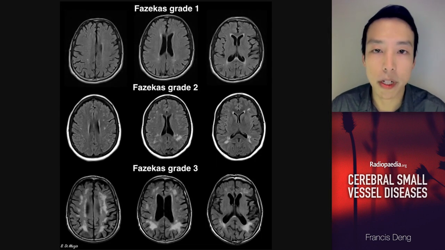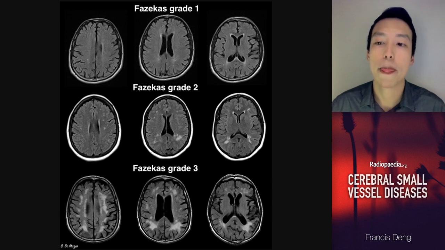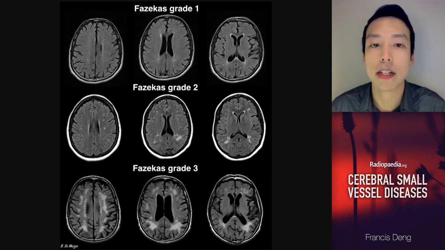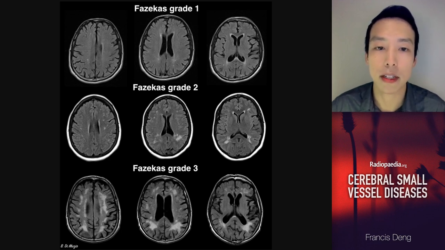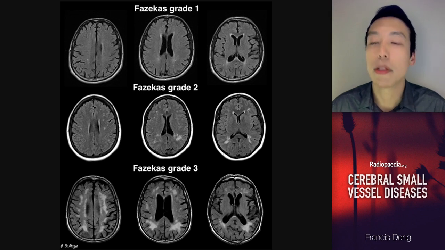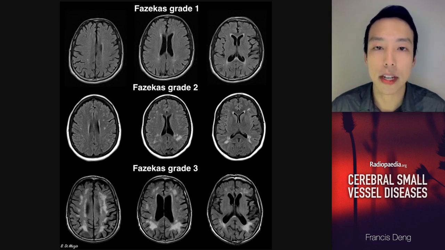When it comes to reporting white matter hyperintensities, people recommend reporting a grade of severity. There are many grading scales, but the most commonly used one in research and in clinical practice is the Fazekas scale. Now, as originally described, there were two components of the Fazekas scale.